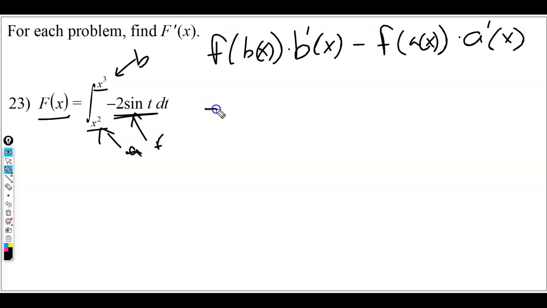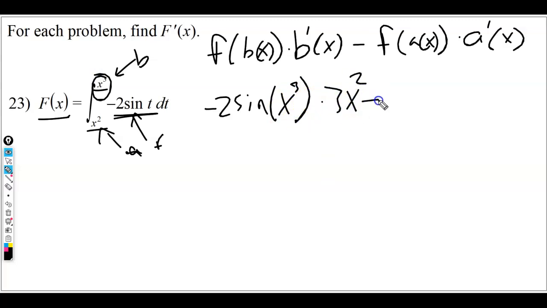So it's little f with b plugged in times the derivative of b, minus little f with a plugged into it multiplied by the derivative of a.